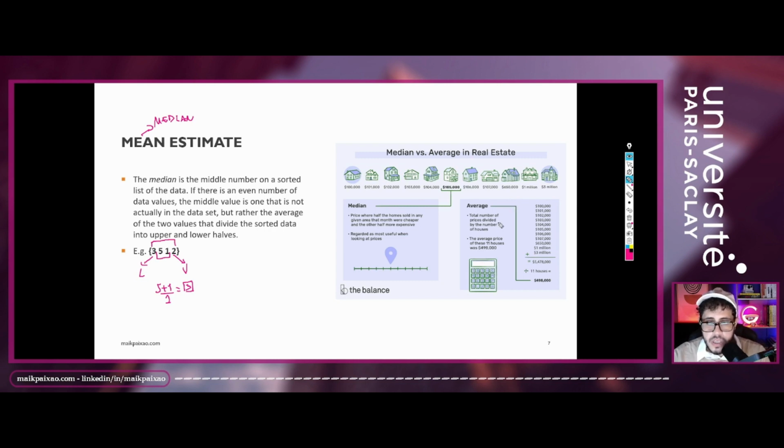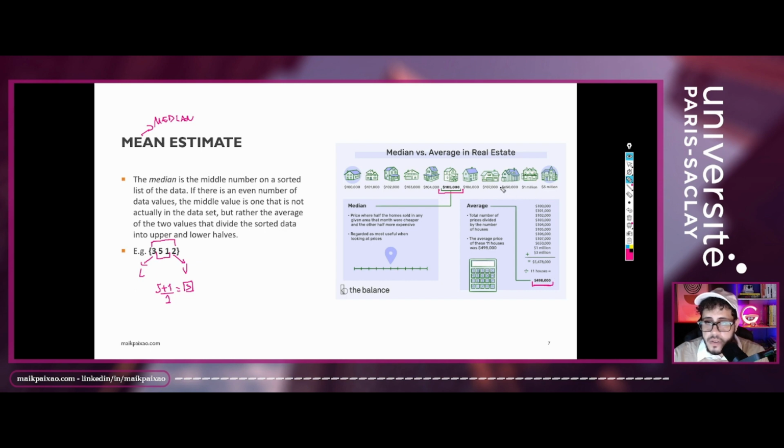So here we have the average, or the mean, resulting in almost $500,000, and the median actually resulting in 105,000.